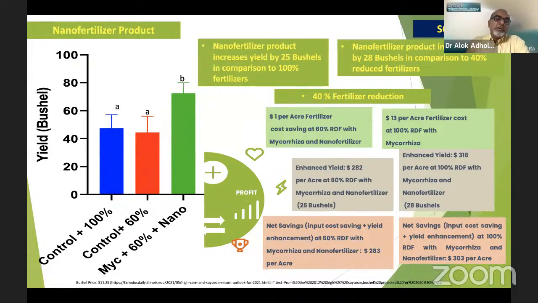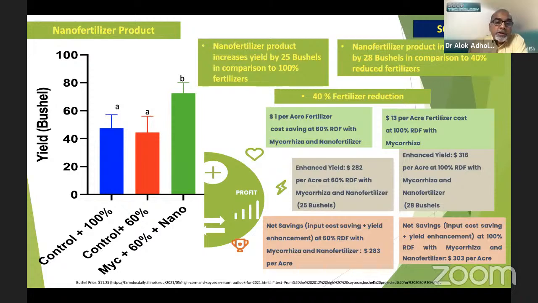Similarly, here we are talking about corn and soybean, the enhanced yield, which is even more here, showing a 28 bushels improvement, besides 25% less fertilizer input.